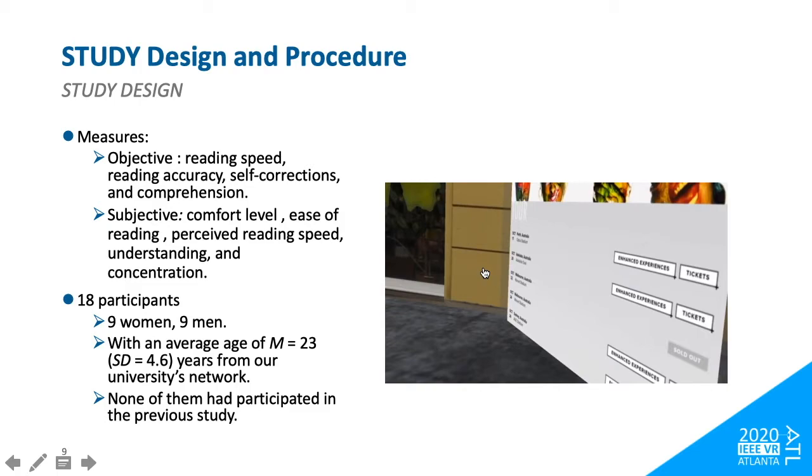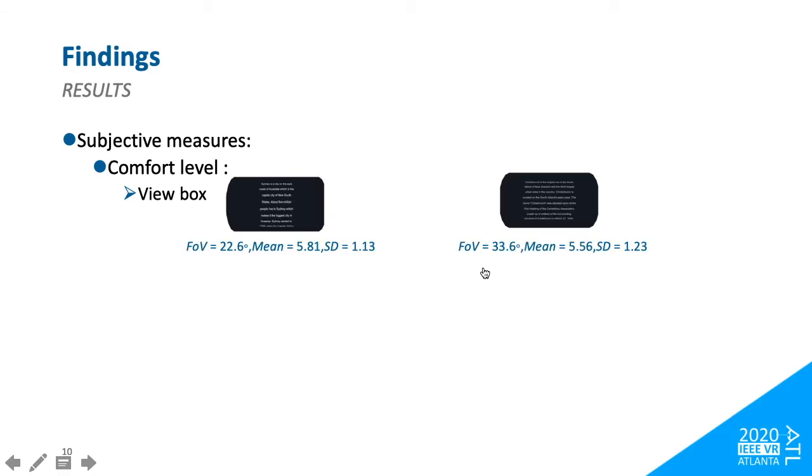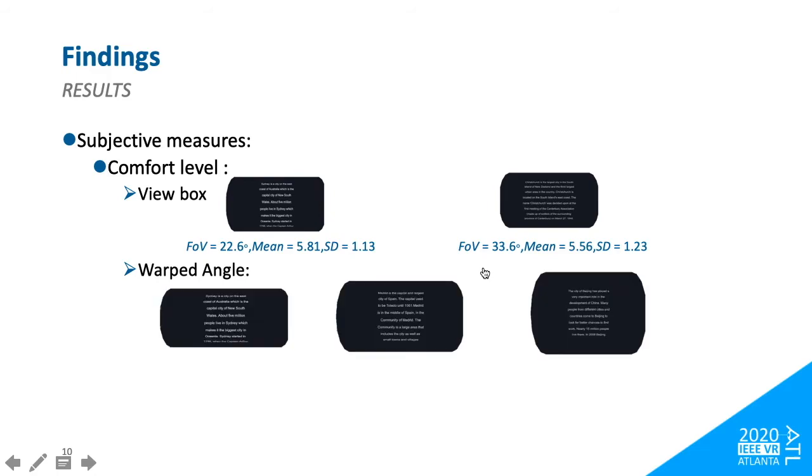And in this case, we collect a lot of different quantitative and qualitative data. Those are some findings. As for the subjective measures, the comfort level shows a statistically significant difference. For each variable, to be more specific, as for the view box, the shorter one with the field of view of 22.6 degrees shows more comfortable rather than the longer one.